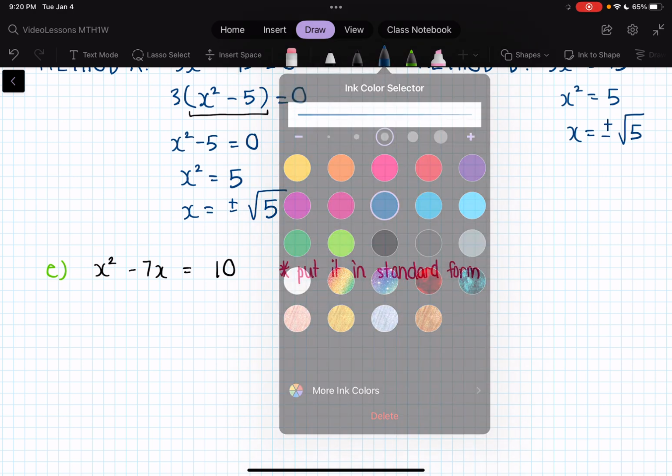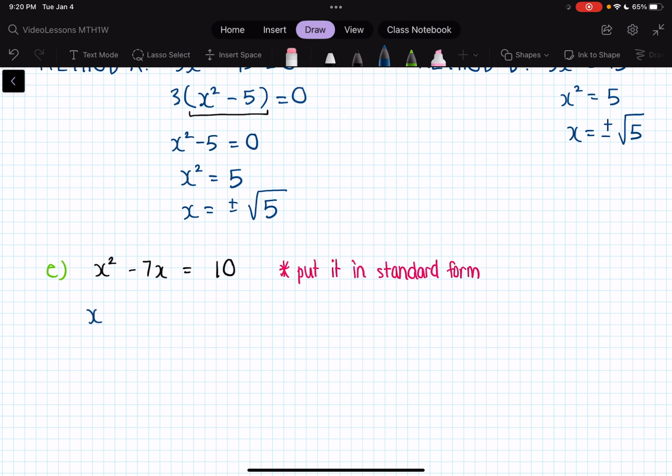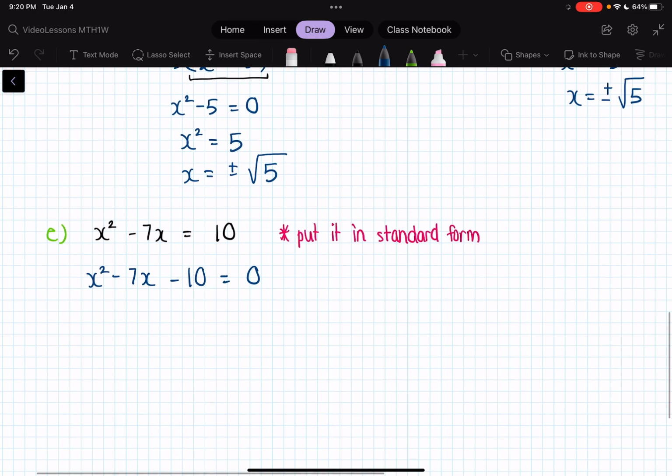And so in standard form, that means that we have to have the entire expression on one side and 0 on the other, because standard form means equals 0. All right. It also means that it's in the order ax squared plus bx plus c. So that's what we have here.